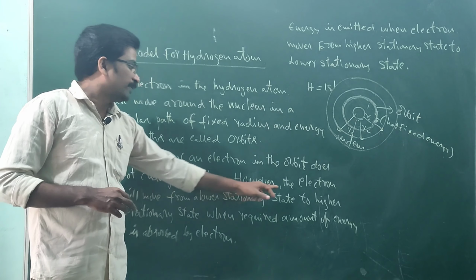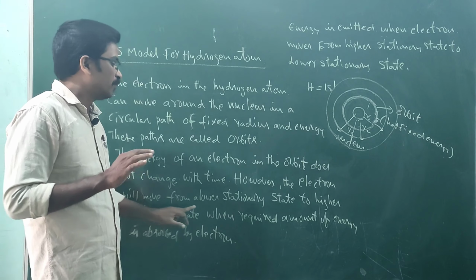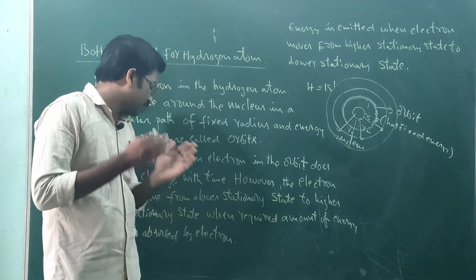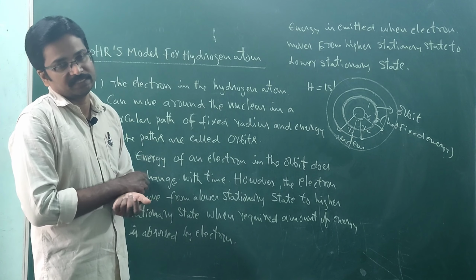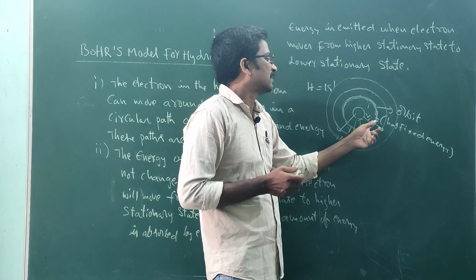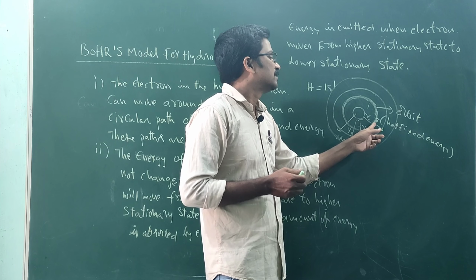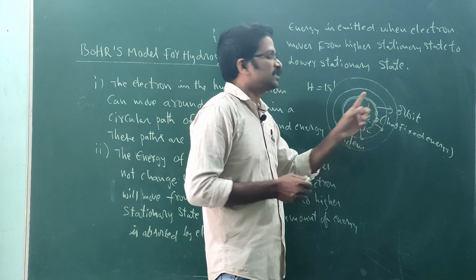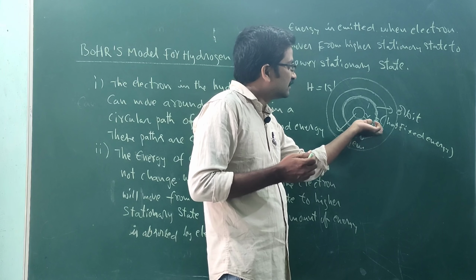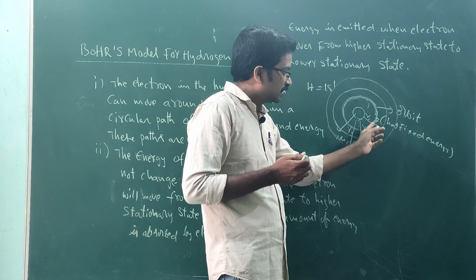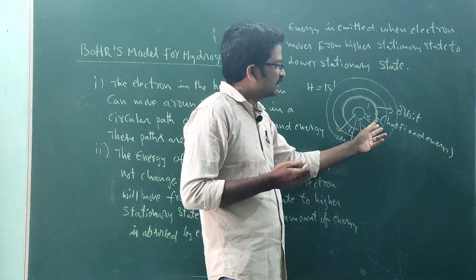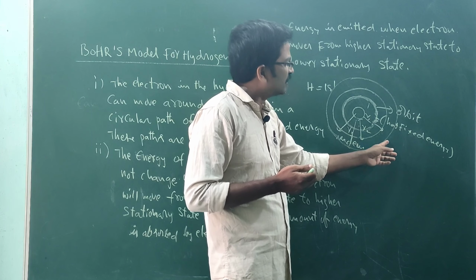However, the electron will move from a lower energy state to a higher energy state when the required amount of energy is absorbed by the electron. Whenever this electron gets the required amount of energy, it jumps from this level to this level. If the electron gets more energy, then it goes to another level.